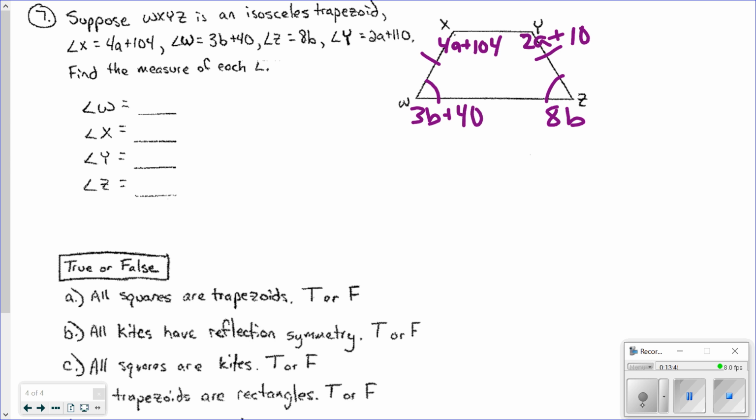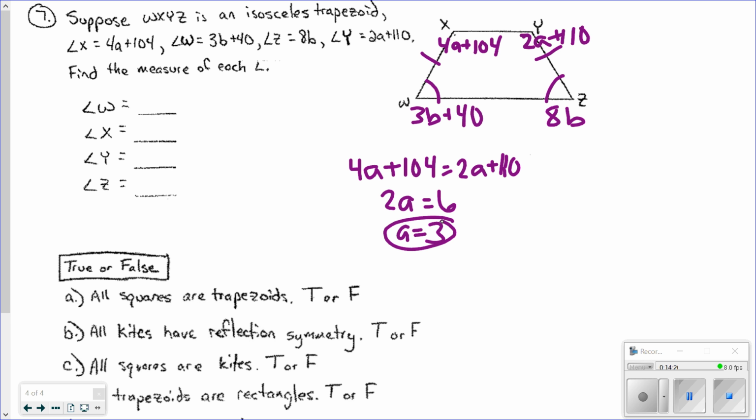So I'm going to set those two equations equal to each other. 4A plus 104 is equal to 2A plus 110, not 10, so let's change that. Combine your like terms, and I get that 2A is equal to 6, and then we end up getting that A is equal to 3.